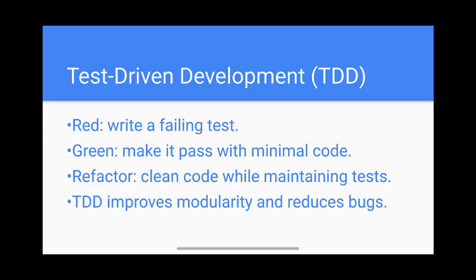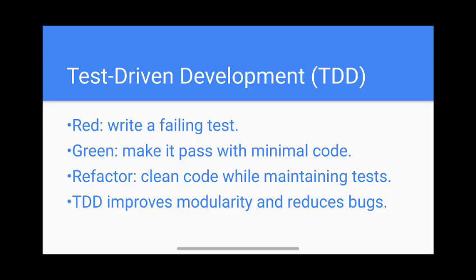It is a development methodology where you ensure that features are designed with testability, clarity, and correctness from the start. It is strongly associated with having clean code, refactoring, and modular design.